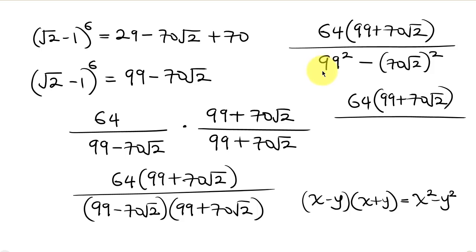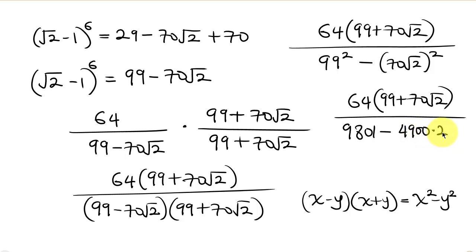Now 99 squared is 9801 minus, now 70 squared. Remember, these squares are affecting the 70 and also the square root of 2. So 70 squared is 4900. Good. Times, now the square root of 2 squared, the square cancels the square root, so I'm going to be having 2.